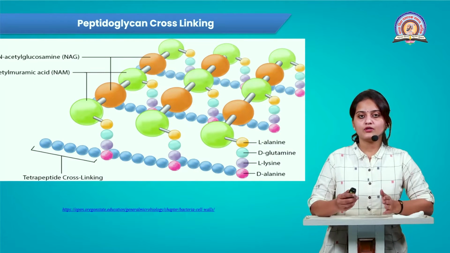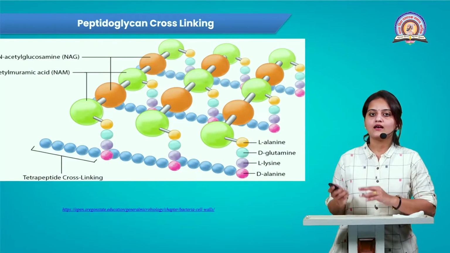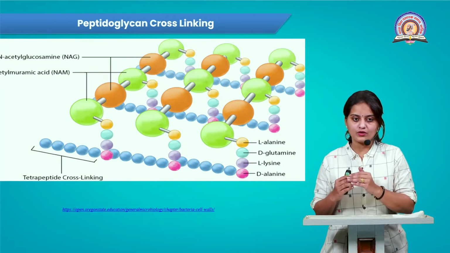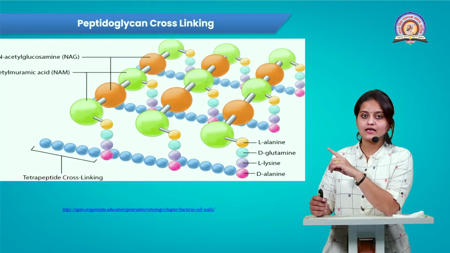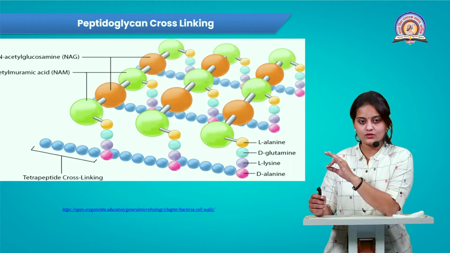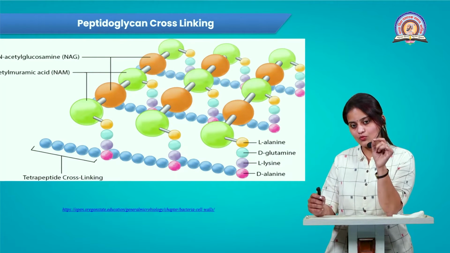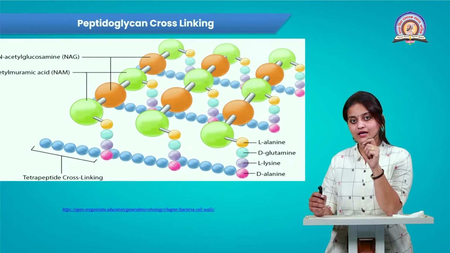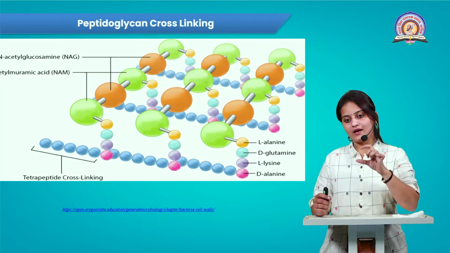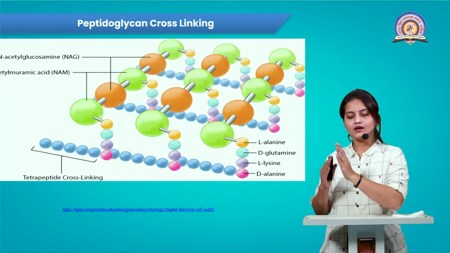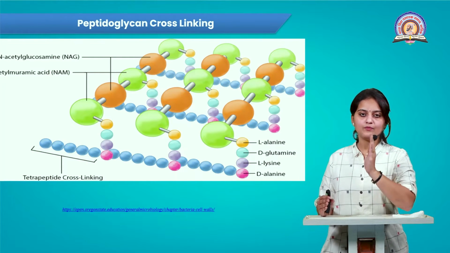This is the structure of N-acetyl glucosamine and N-acetyl muramic acid, arranged with each other by peptide bond. Here the orange balls are N-acetyl glucosamine, and the green balls are N-acetyl muramic acid. Now we can see the small blue, orange, purple balls. They are the different types of amino acids, and these four amino acids are responsible for making a peptide bond between two chains of N-acetyl glucosamine and muramic acid.